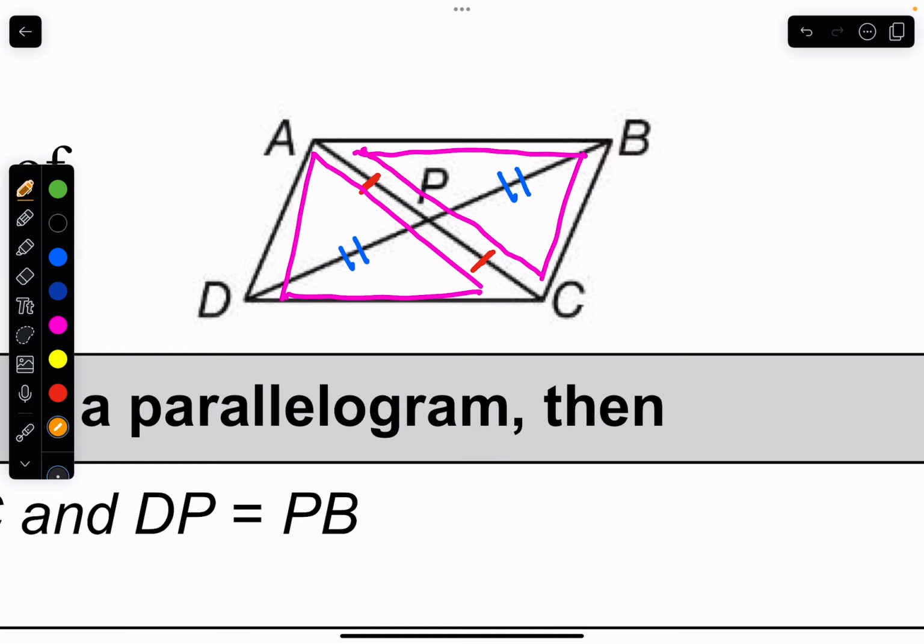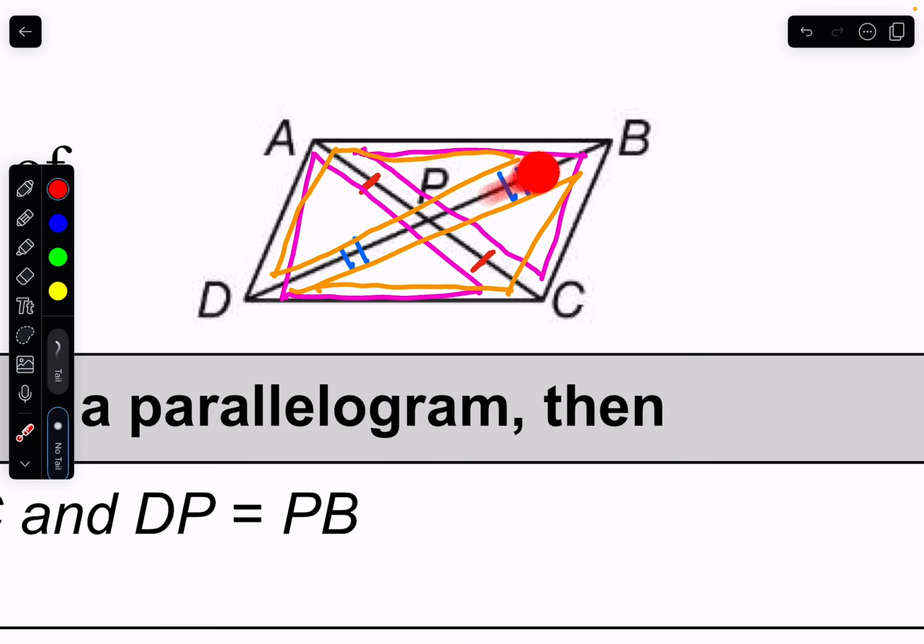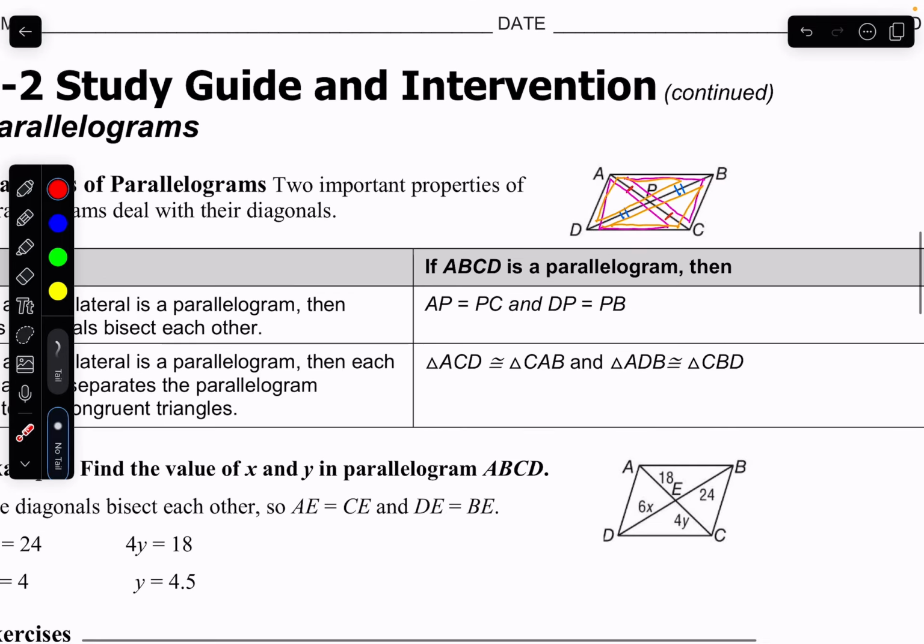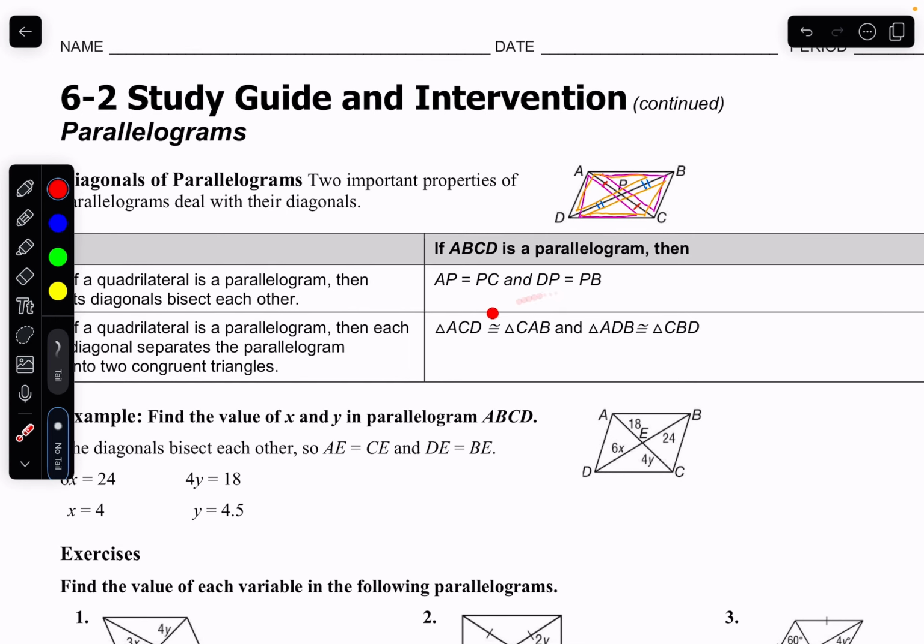But it also says that this other triangle, the orange triangle, is going to be congruent to the one completely opposite, because here is another diagonal. Okay, so the top triangle is congruent to the bottom triangle. That's basically what it says down here.